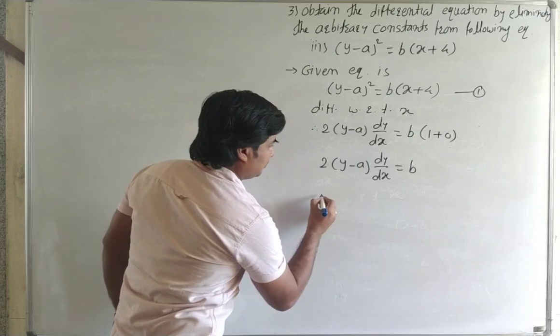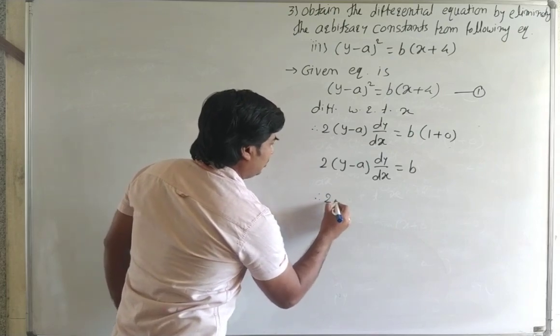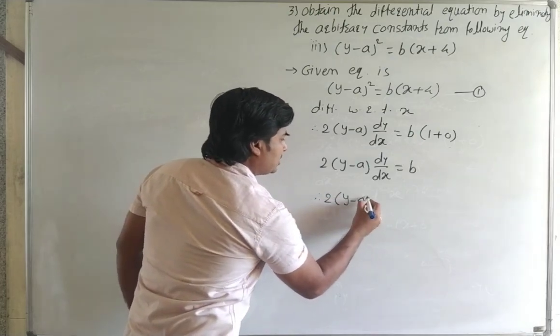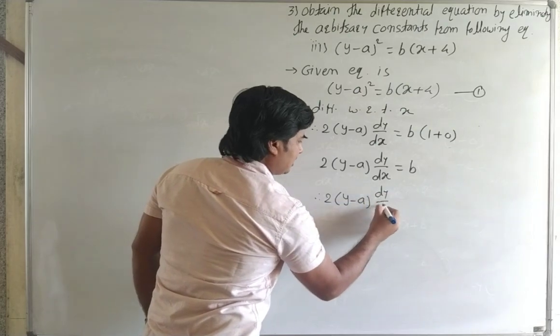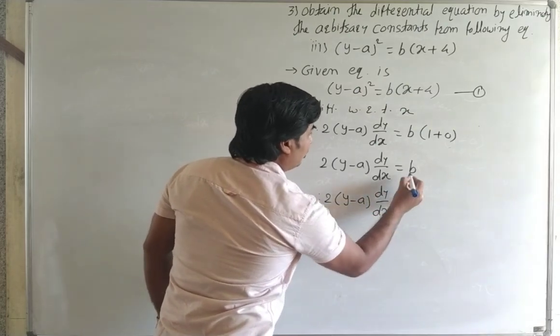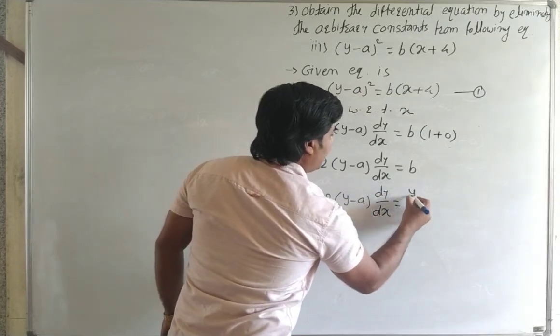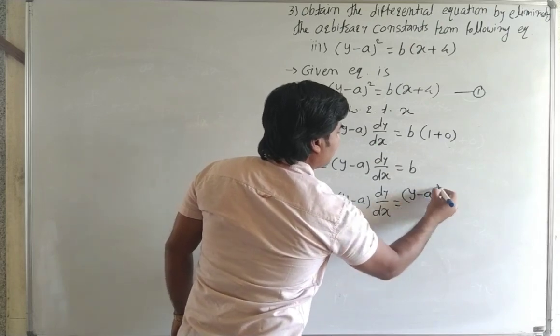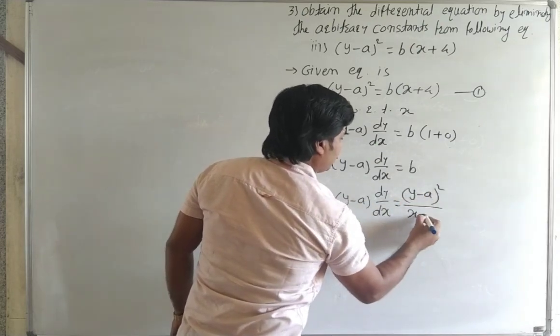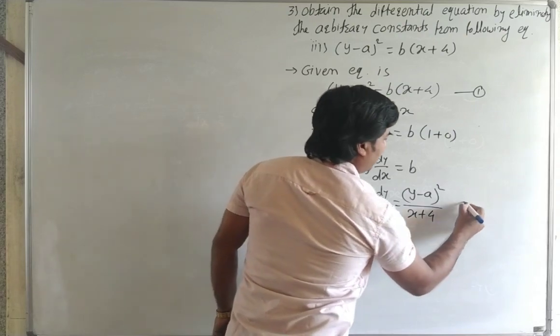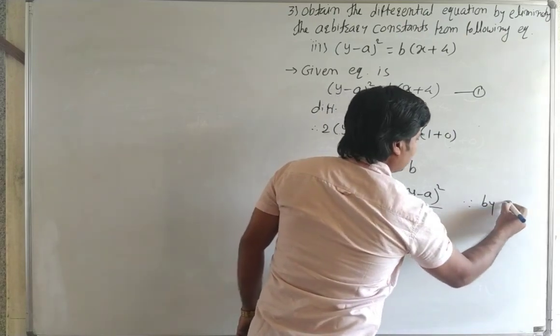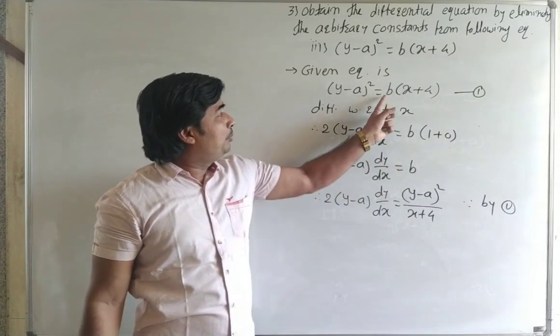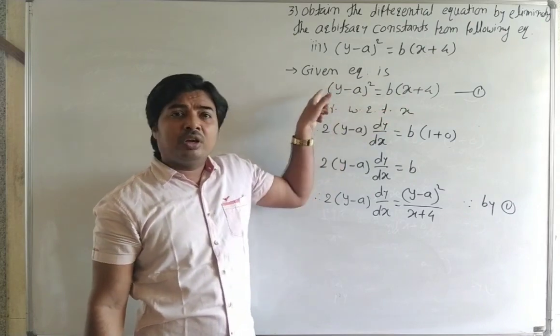Therefore 2 into (y minus a) dy by dx is equal to (y minus a) squared upon (x plus 4). Okay, here b is equal to (y minus a) whole squared upon (x plus 4).